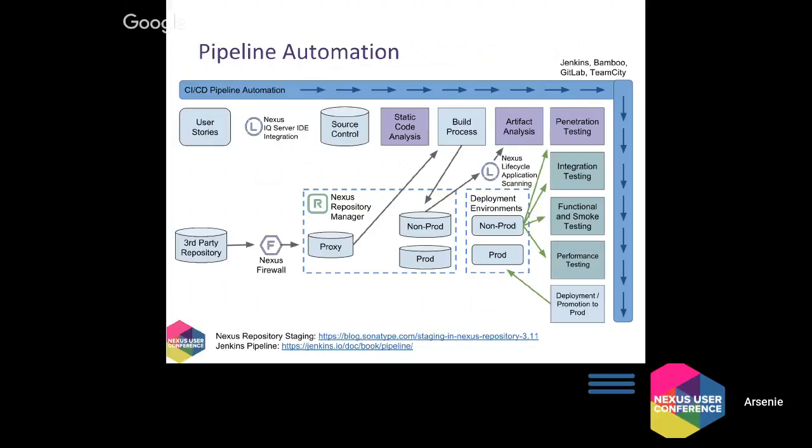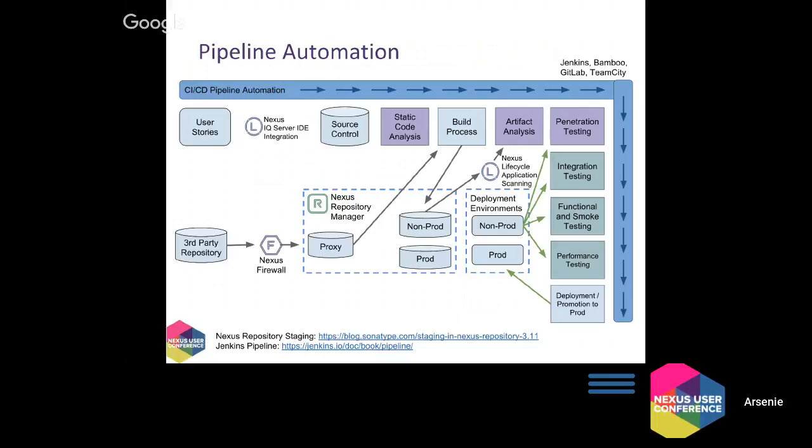Earlier in the process, during static code analysis, we might have looked at what was being pulled in with Nexus Firewall, but application scanning actually goes back to the trust-but-verify bit of it.